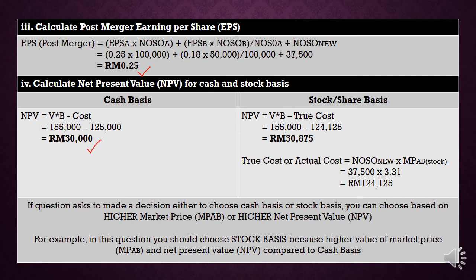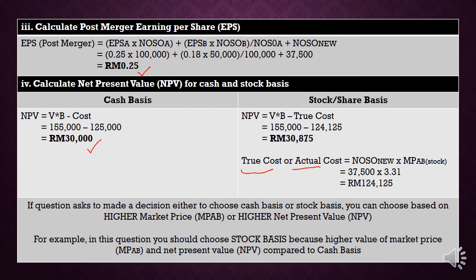And for the stock basis, to calculate for the NPV, it equals V minus the true cost. So before you can calculate for the NPV, you need to calculate the amount of true cost or the actual cost first. Based on the formula of the true cost, it equals NOSO new times MPAB of the stock basis.